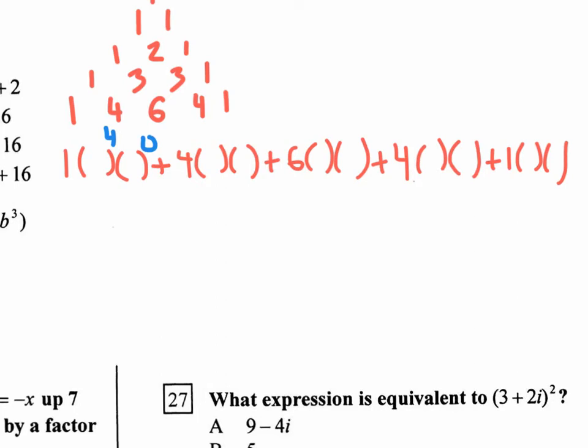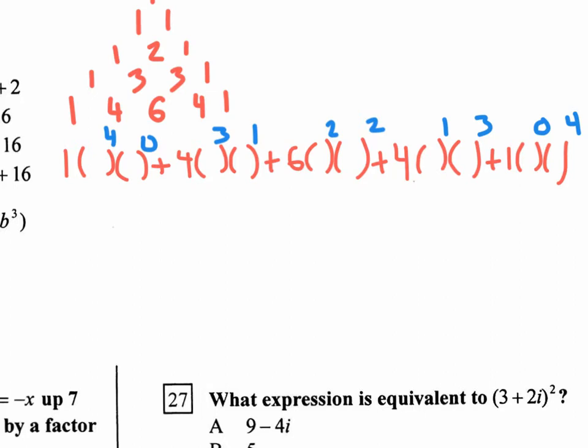And then the power of 4 on the first parenthesis drops by 1, and it becomes the power of 3 as the second parenthesis power increases by 1 to become a 1. So the 3 decreases to a 2, the 1 increases to a 2. This 2 is going to decrease to a 1, and the 2 is going to increase to a 3. And then the 1 decreases to 0, and the 3 increases to a 4. And we filled it out appropriately.